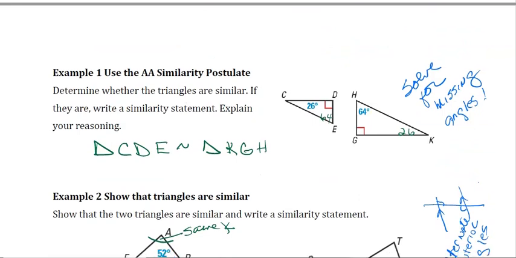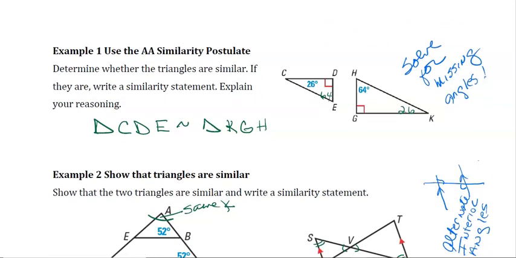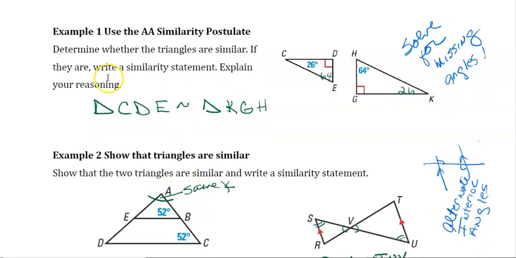Here's example 1. We want to use the angle-angle similarity postulate. So when you see triangles like this, and you look at the angles, 90 equals 90. Okay, 64 doesn't equal 26, but you have a missing angle in both of these triangles.